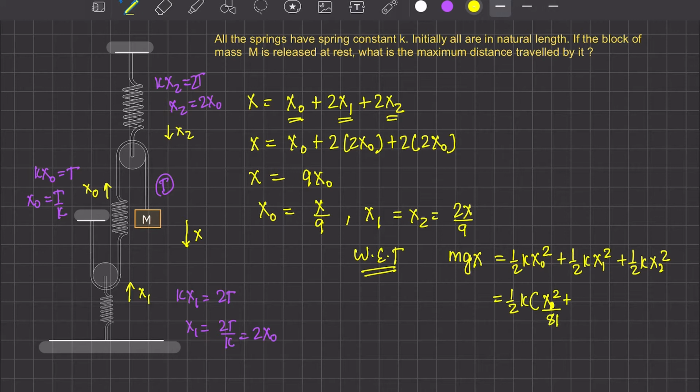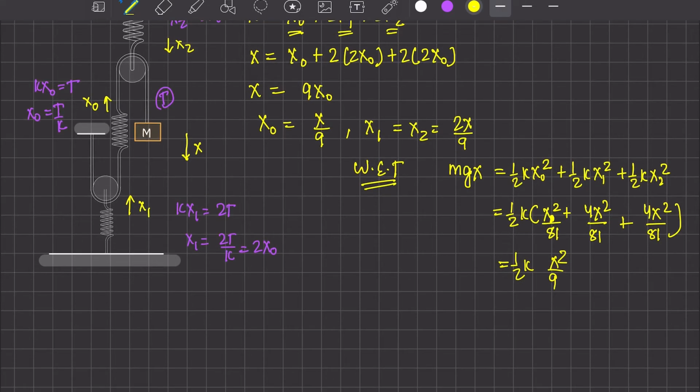Similarly x1 is 2x by 9, so x1 squared is 4x squared by 81, and x2 squared is also 4x squared by 81. So this gives us half k times (4 plus 4 plus 1), which is 9 by 81, so x squared by 9 into half k, equals mgx. The x got cancelled, and we got x equals 18 mg by k. This is our answer for the question.